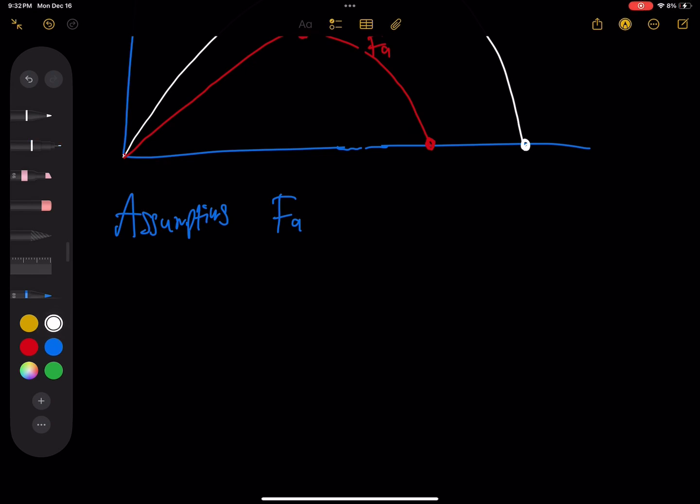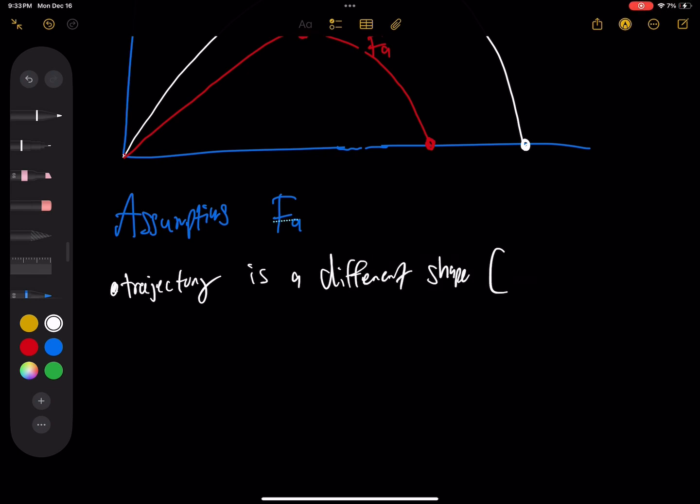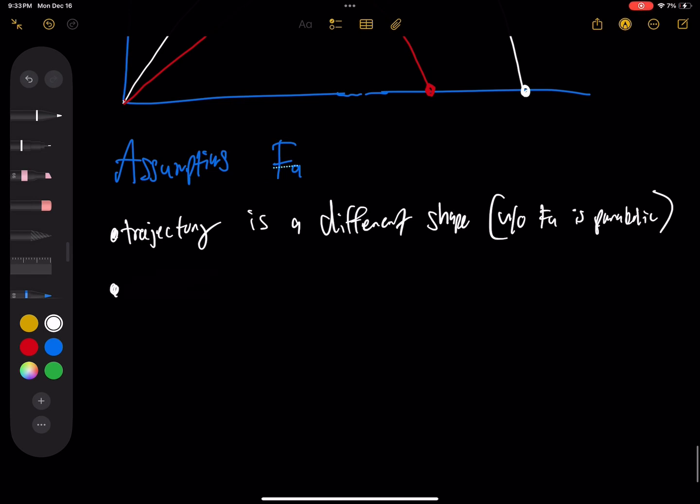And so that's going to be that the trajectory is a different shape than without air resistance, which is parabolic. Second one is that the max height is lower, impacting the vertical component, and that the range is shorter.